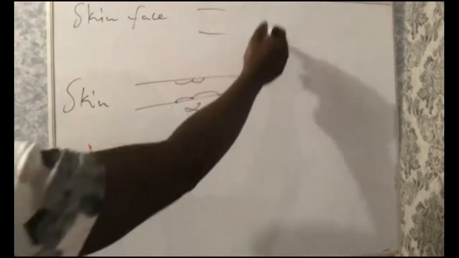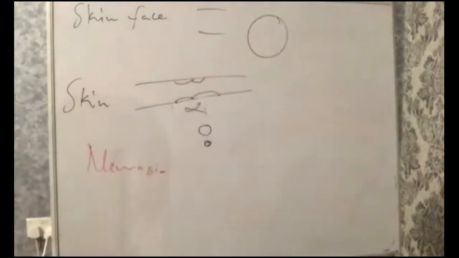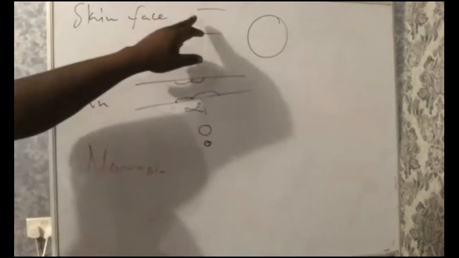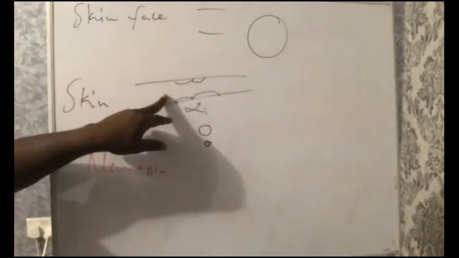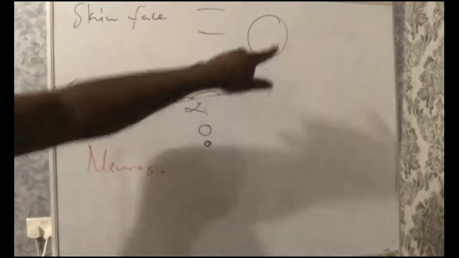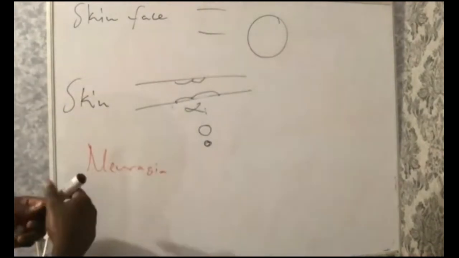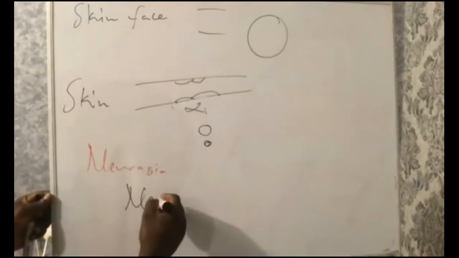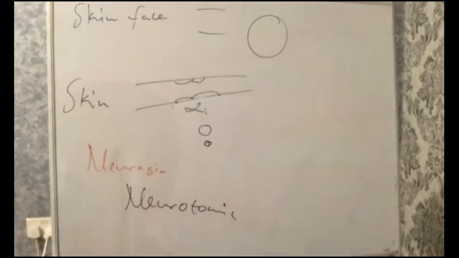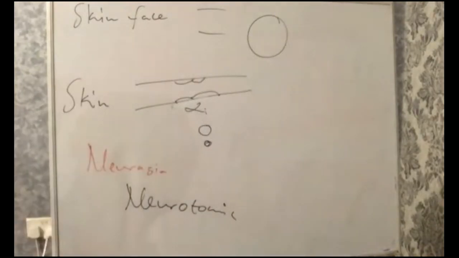Constricted. But on the face, the vessel will dilate. Okay? The same nerve supplying both the face and the skin. But the vessels of the skin, once that same fiber is stimulated, will vasoconstrict, but on the face, it will cause vasodilation. And I'm saying once you stimulate it, we say that it is neurotonic. Okay? You have increased the tone of the nerve fiber. If you increase the tone of the nerve fiber, it means that you are stimulating the nerve fiber.